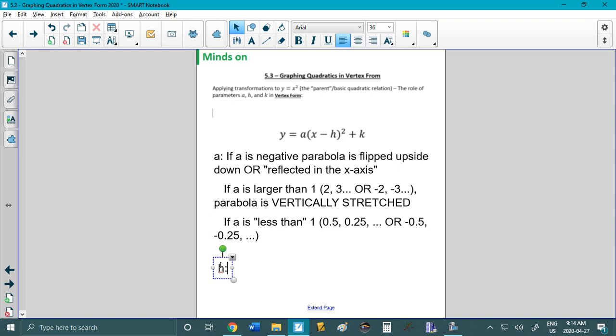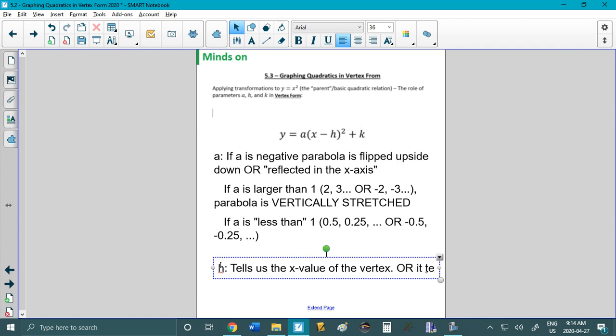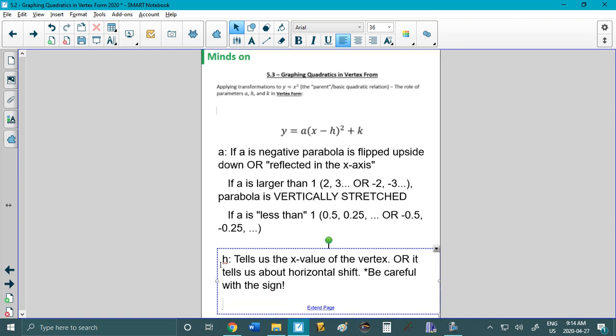Okay, so H tells us the x value of the vertex, or it tells us about horizontal shift. So that's basically moving the parabola left and right. I'm just going to say here, be careful with the sign.